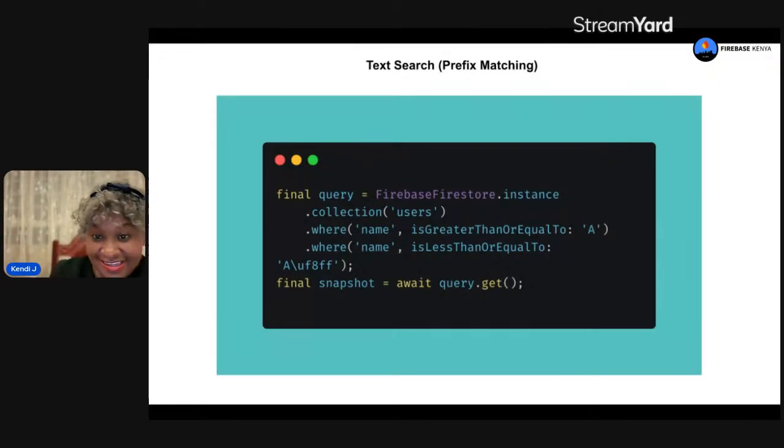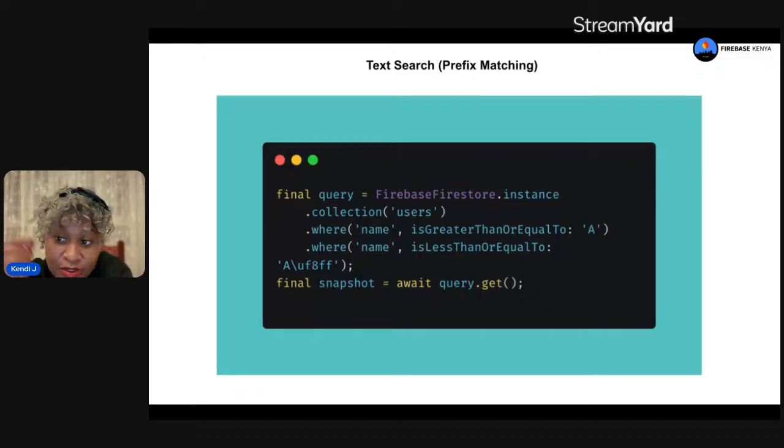It is a special Unicode character that ensures the range includes all strings that start with the prefix, and the prefix in this matter is the letter A. So when you're searching for somebody and you type the name, if it starts with an A, it brings up all the search results that start with A.